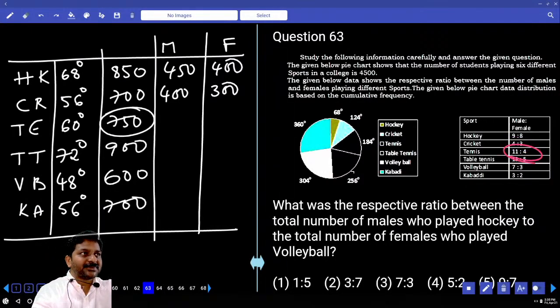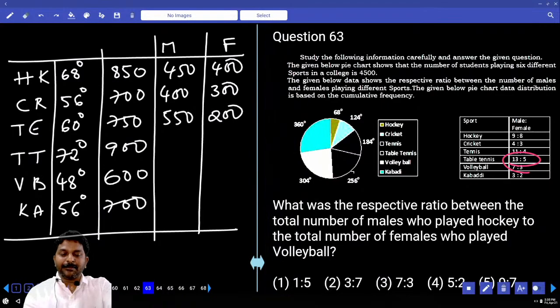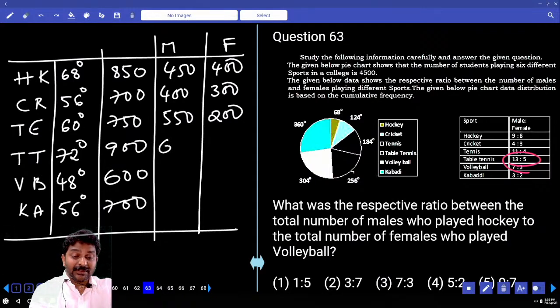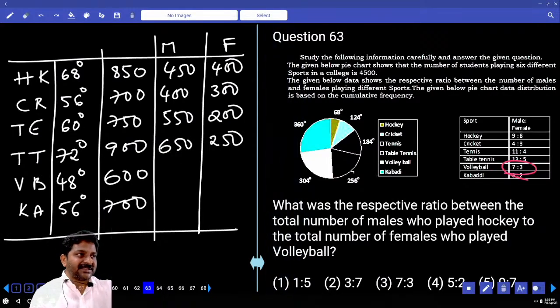15. How many times? 15 50 times. Correct? 11 50 times. 550. Remaining 200. Next, 18 parts. 18 how many times is 900? 50 times. Correct? 13 50s. 650. Remaining 250. Next, how many parts? 10 parts. 10 parts is equal to 600.